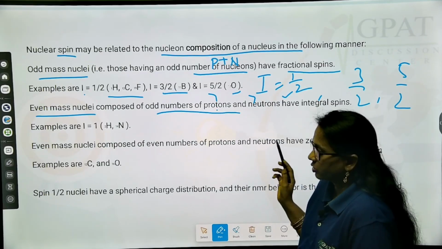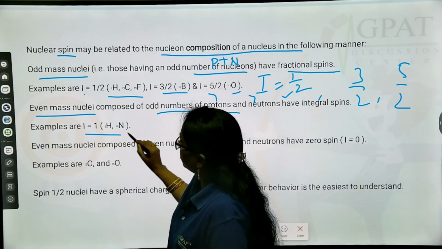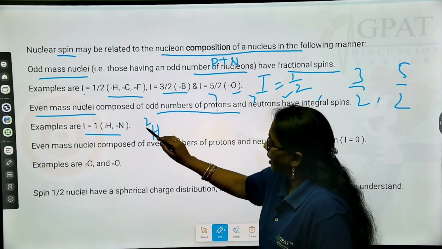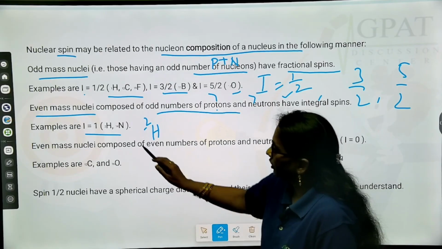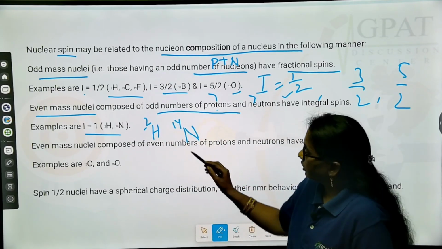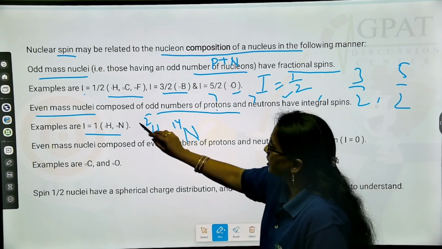This is the case we are going to see. Like this you see H2, hydrogen, where the mass number is 2, and nitrogen 14. Even though the atomic number is 1, the mass number is 2.